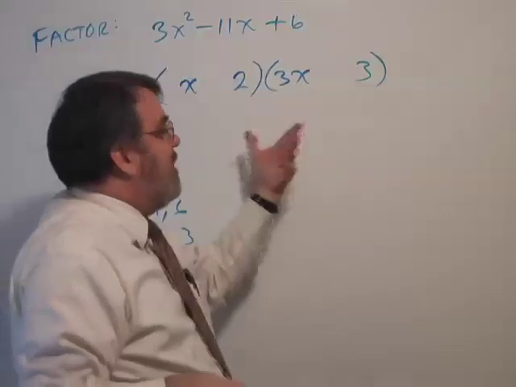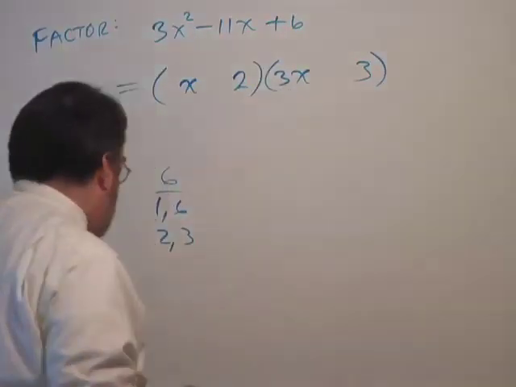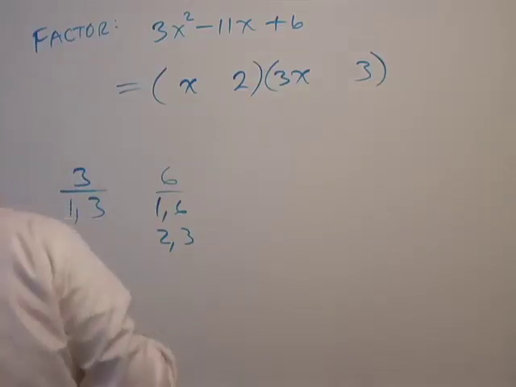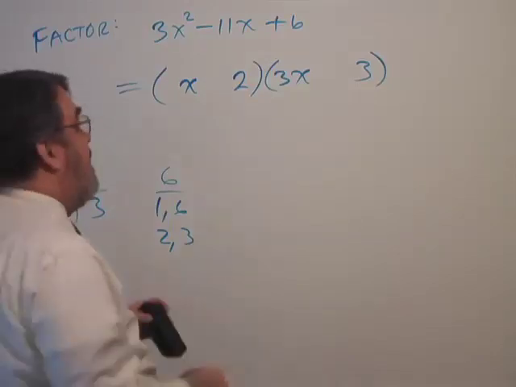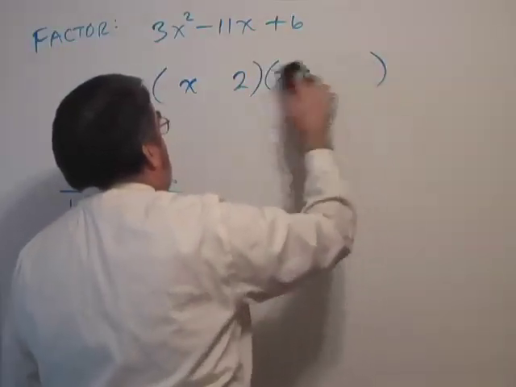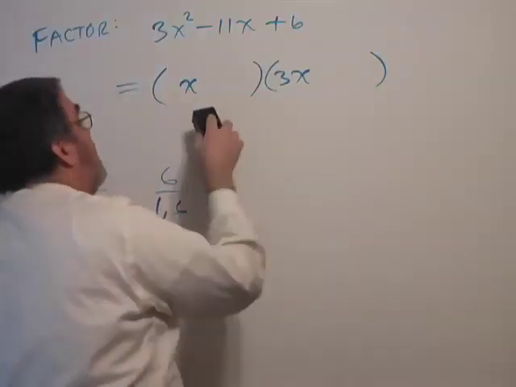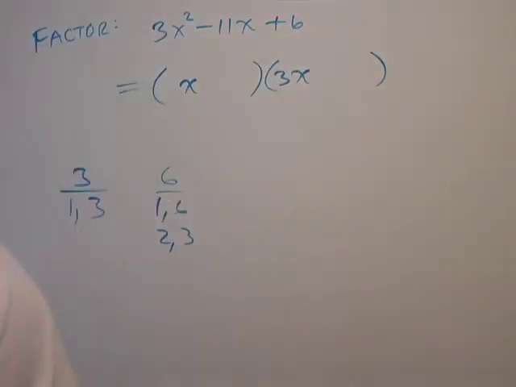So it would be impossible to break it up so that 3 would be a factor. And so that alone disqualifies 2 here and 3 there. It's one of those little things that if you know it, it's a time saver. So I'm going to switch those around.